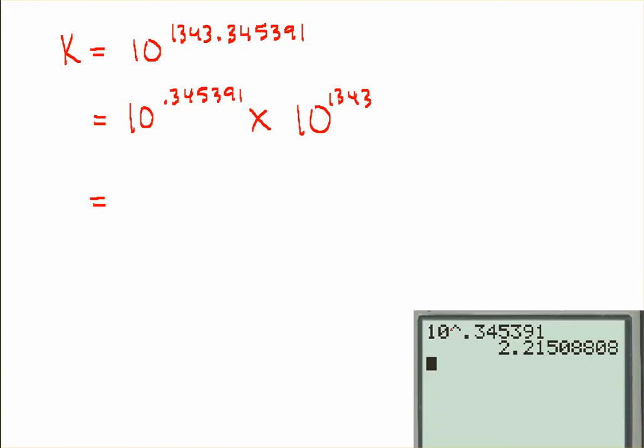So it's 10 to the power of 0.345391. Okay. And so there's your answer in scientific notation, which I think is pretty cool. And that's a humongous number. That is 2.2 with 1,343 decimal places moved off to the right. I thought it was kind of cool. Okay, we can go on.